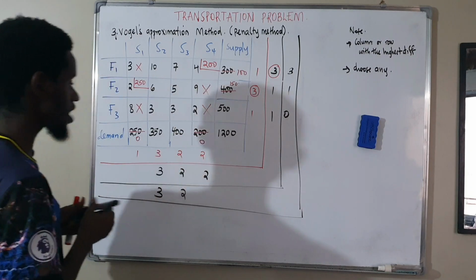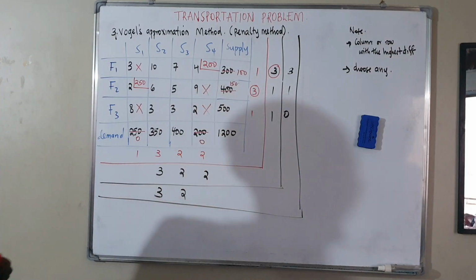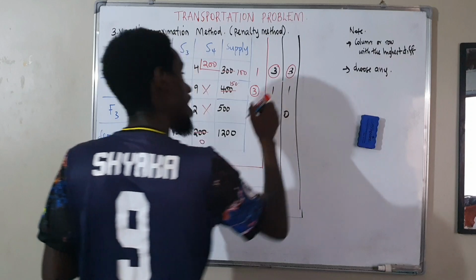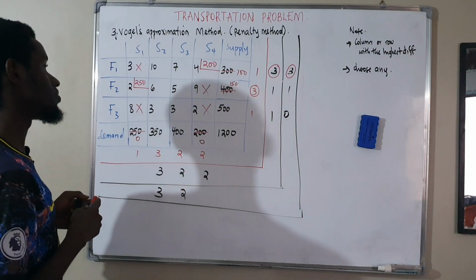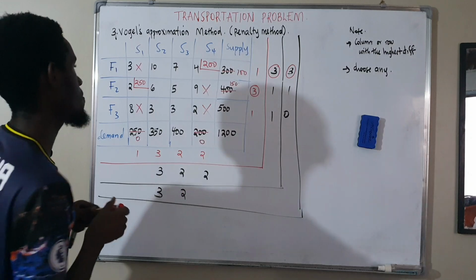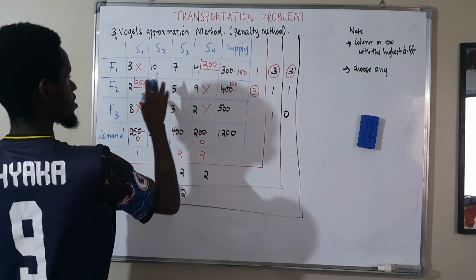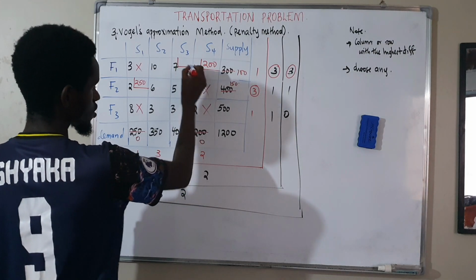Now also again here, I'm saying that these 3s are common. Then if I choose again these 3 of this column here, I'm saying I choose arbitrarily. If they are the same, I just choose any of them. What do I do? If I come here now, I choose between 10 and 7. 7 is the smallest cost, therefore I go with the smallest cost. Then I come here, I've said this is my smallest cost.